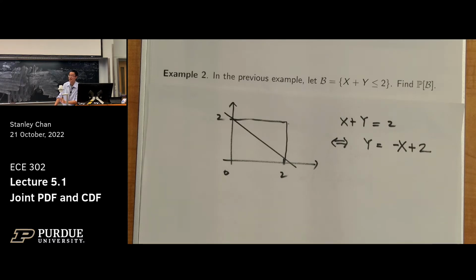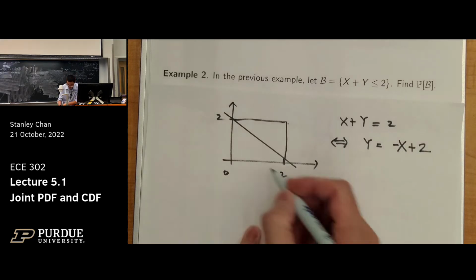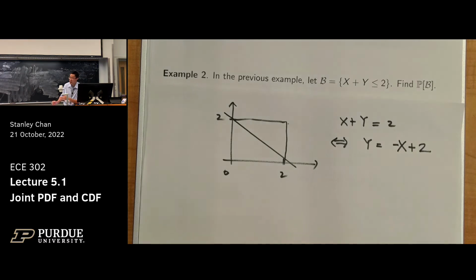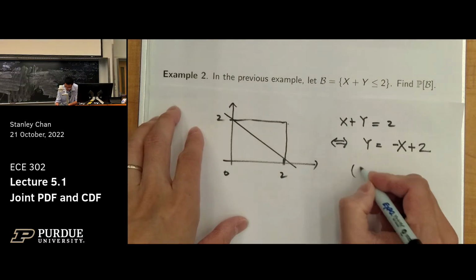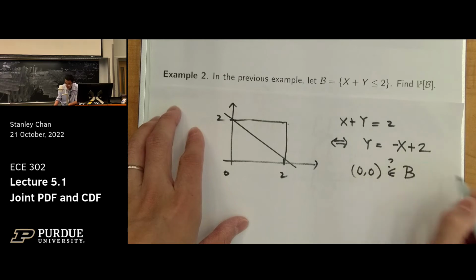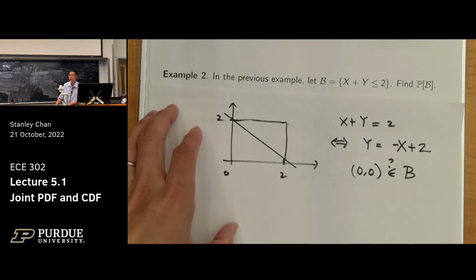Okay, here's my trick, the trick I used, and it works every time, is that you ask whether the (0, 0) is included in your set. So the coordinate (0, 0), does it belong to the set B? This is how I do it.